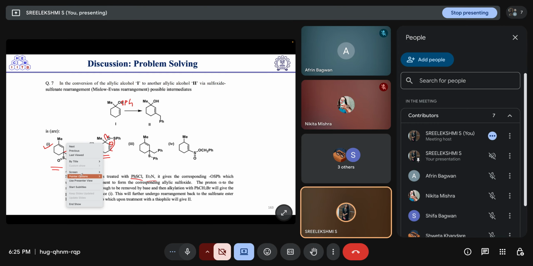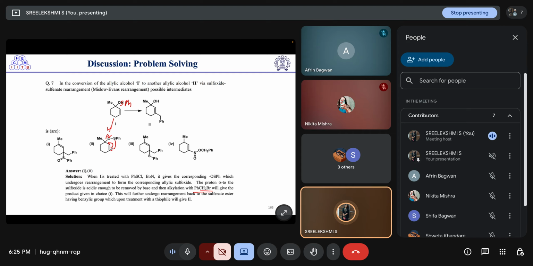Okay, I am doing it in the wrong example. Okay, so here first OSPh will be forming, which is this one. So the starting material will be converted into this one. Then this is coming over here, this will go over here and this will go over here, and at that same place we are adding benzyl bromide in the presence of a base.